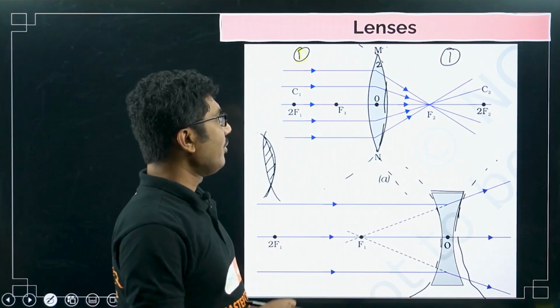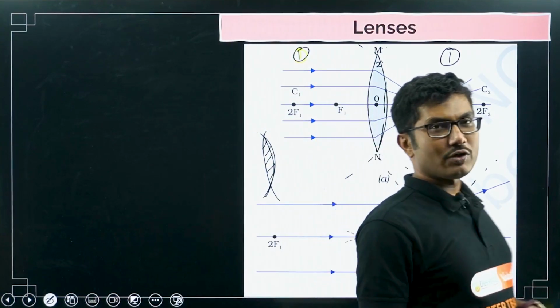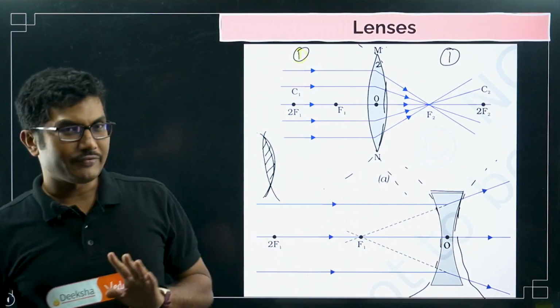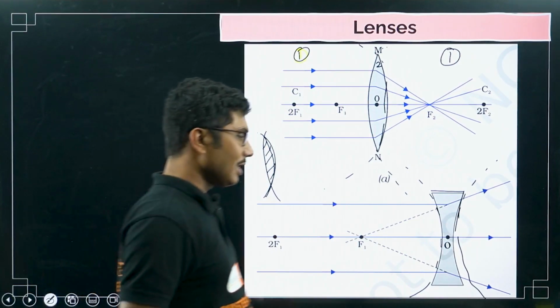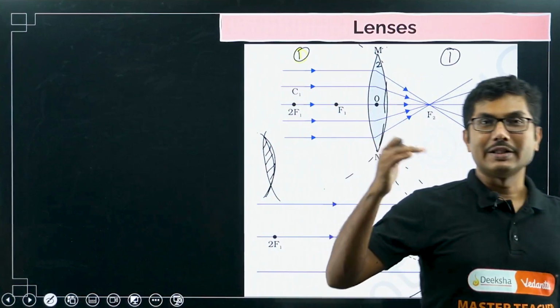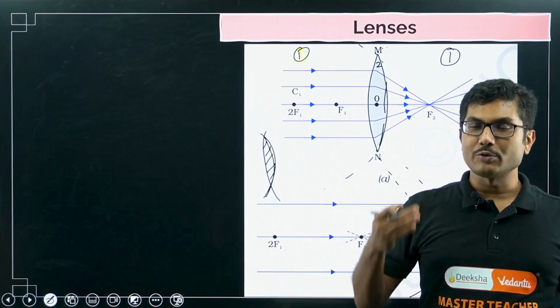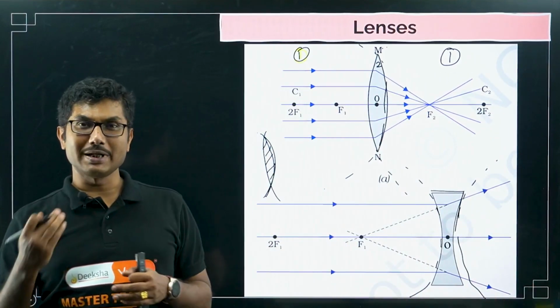Now here also I will describe the definition of focus for lenses. If you remember for reflection, parallel light rays falling on the mirror, after reflection they were either meeting at a point or appearing to come from a point. That's how we define the focus for mirrors.